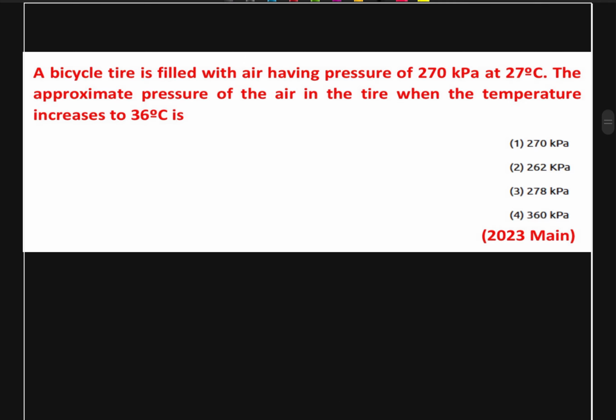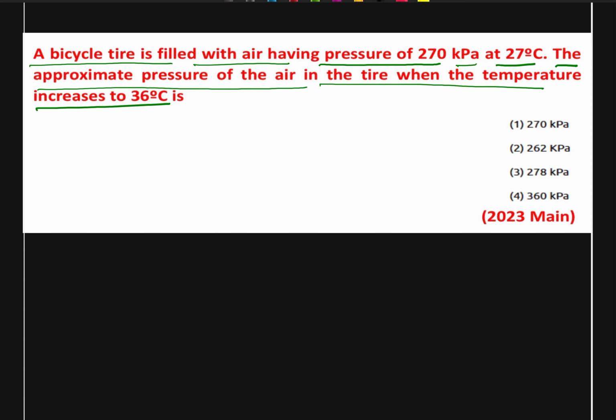It states that a bicycle tire is filled with air having pressure of 270 kilopascal at 27 degrees centigrade. The approximate pressure of the air in the tire when the temperature increases to 36 degrees centigrade.